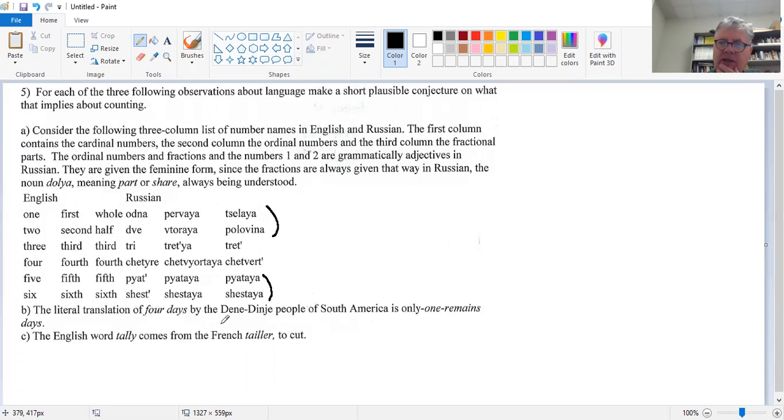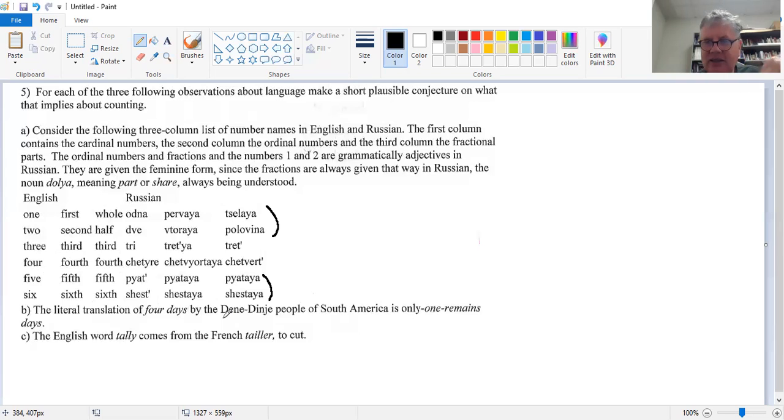And if you think about it, there are 2 different ways that you can count to 5. If I hold my hand up, you can go 1, 2, 3, 4, 5, spreading your fingers out as you do it. And another way is you go 1, 2, 3, 4, 5, and you put your fingers in.